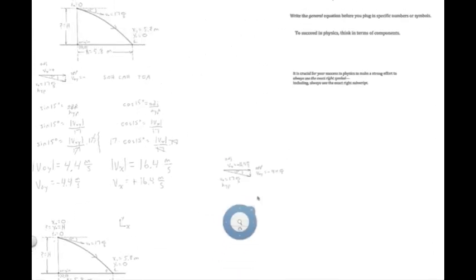That's a great illustration of how thinking in terms of components is absolutely integral to succeeding in physics. Of course, we used the idea that for projectile motion, the vertical velocity is changing, but the horizontal velocity is constant. That's why we had the same Vx at time 0 and time 1, but different Vy's at time 0 and time 1.